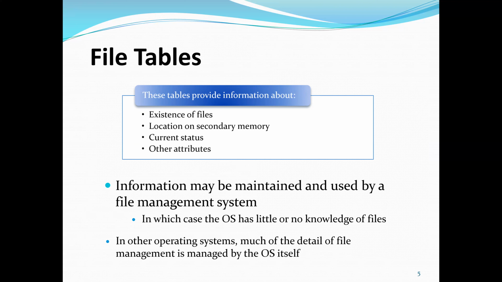Much, if not all, of this information may be maintained and used by the file management system, in which case the operating system has little or no knowledge of files. In other operating systems, much of the detail of file management is handled by the operating system itself. We are also going to cover this topic in detail in our future lectures when we cover the I/O devices.